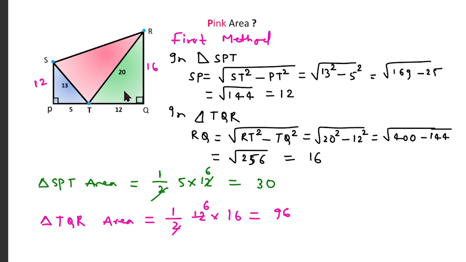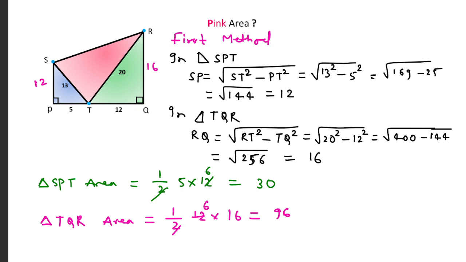Now if we consider SPQR is a quadrilateral, which kind of quadrilateral? Trapezium. Okay, so the parallel sides are SP and RQ, and distance between them is PQ.